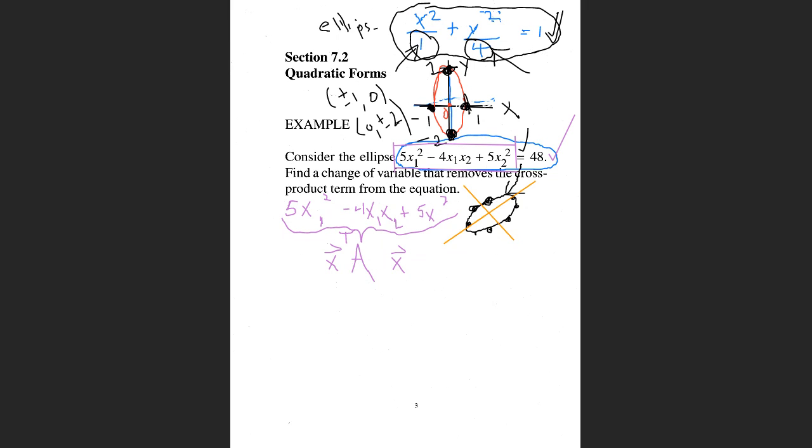So 5x1 squared minus 4x1x2 plus 5x2 squared. I can tell you that can be written as a quadratic form. Can you identify what the vector x would be? Can you identify what the matrix A is going to be? What's the vector x going to consist of? What variables, class?